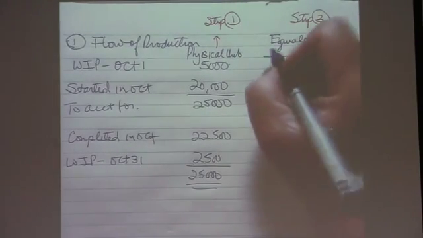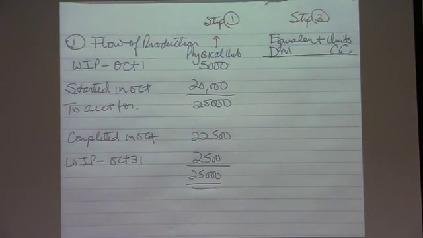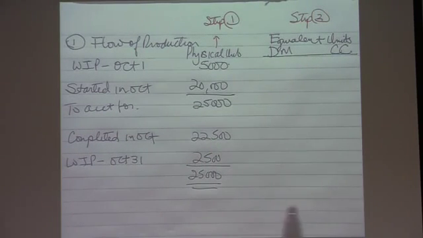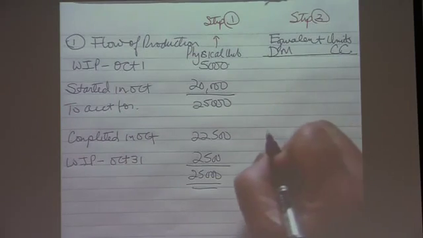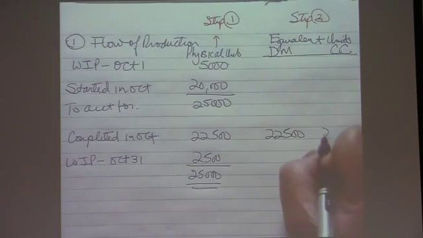In this one, we're going to have direct materials and conversion costs, because those are the only 2 categories. The 22,500, we're going to assume that's all completed, because it says completed in October, so the equivalent units is 22,500.